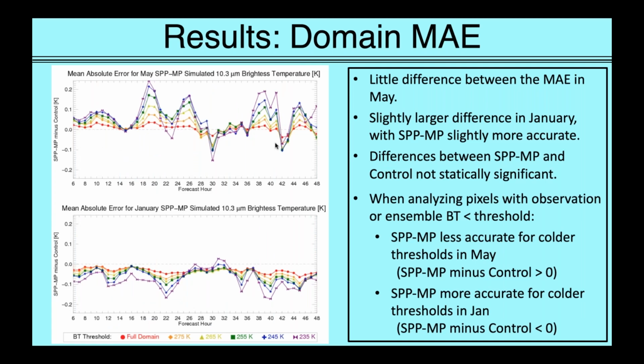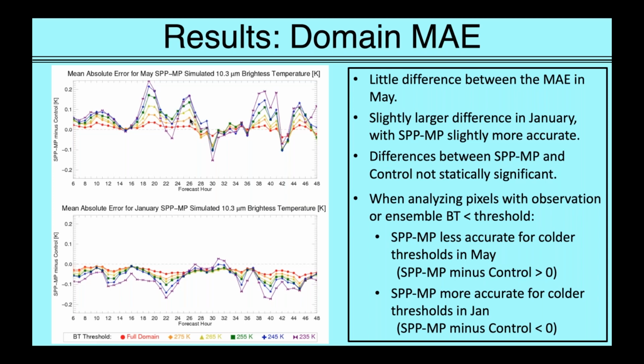We then decided to analyze pixels where the observed or ensemble brightness temperatures were less than a given threshold. These thresholds we can see on the bottom. We had the full domain, and then we went to 275 Kelvin, 265 Kelvin, all the way up to 235 Kelvin. What we found is that in May, the SPP-MP was less accurate for the colder thresholds. We can see this because our purple line, which represents our coldest brightness temperatures, is much more positive than the full domain.